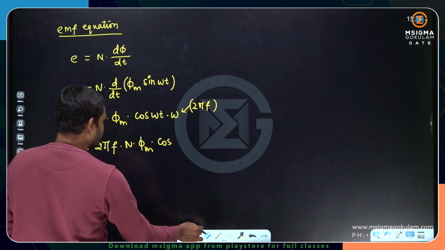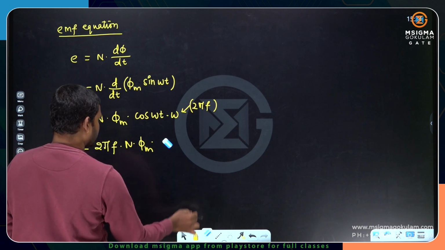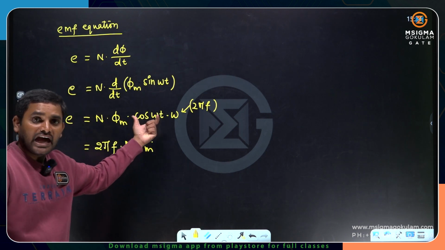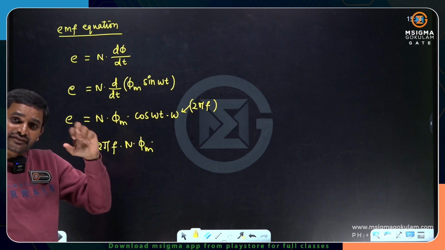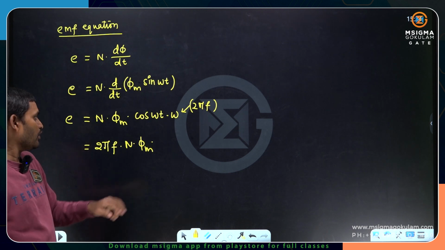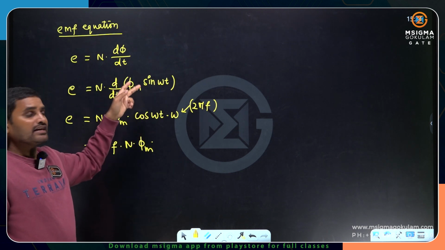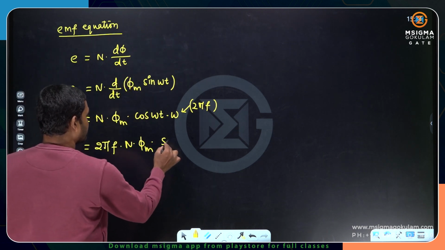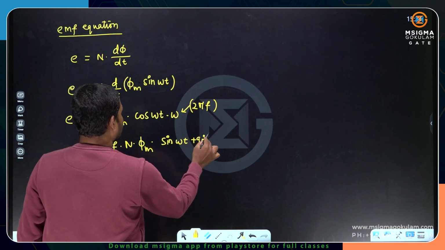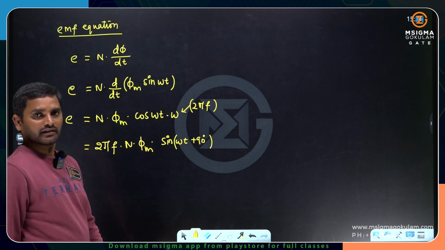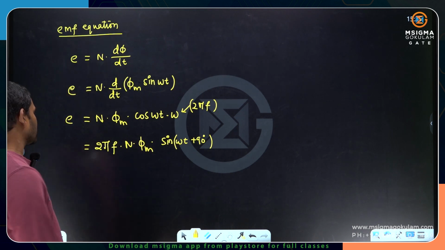This cos omega t we can write in another manner also. I want to write cos in terms of sine. Sine and cos differ by 90 degrees. So cos can be written as sine of omega t plus 90.